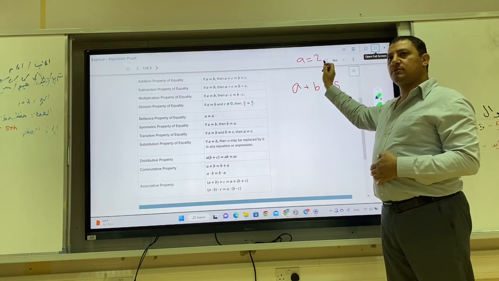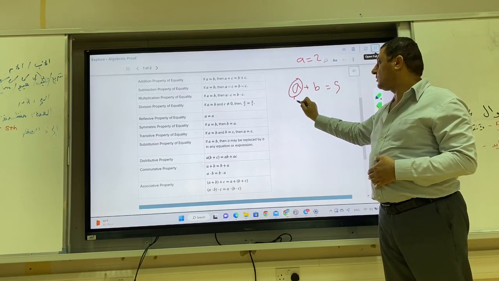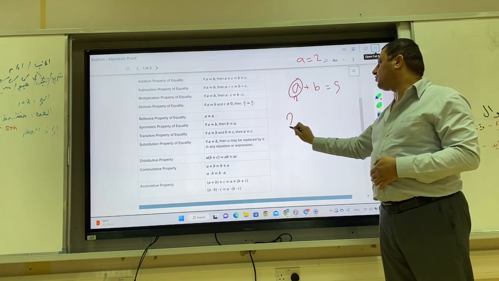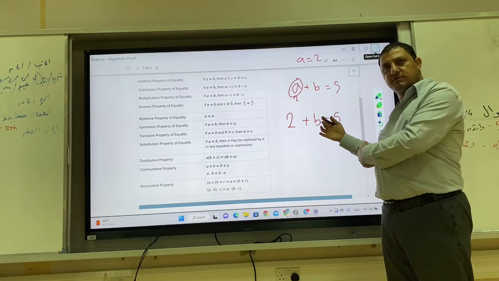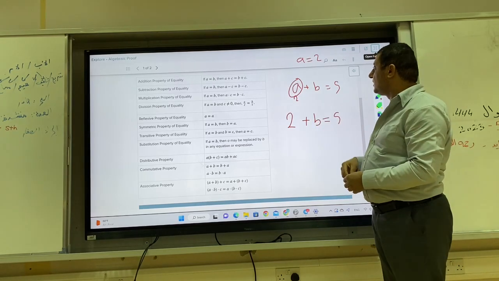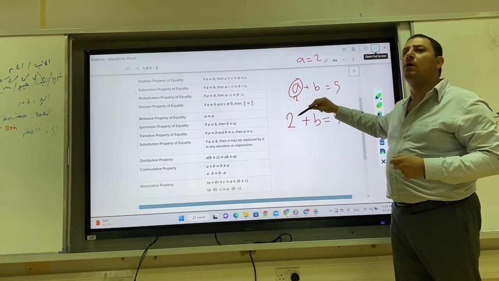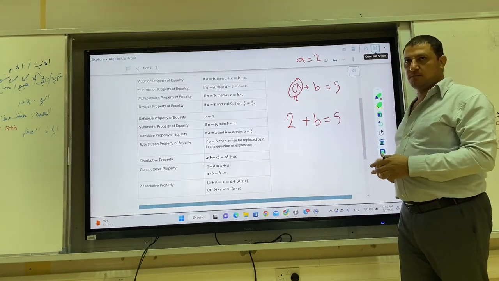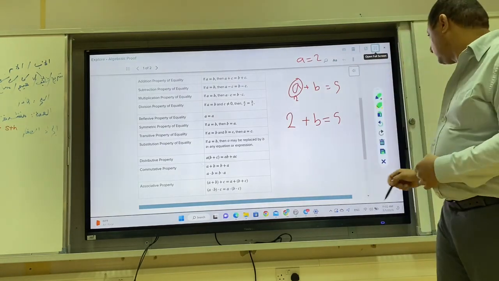Now A equals 2, so I can replace this A with 2. So the equation now becomes 2 plus B equals 5 and can be used to get the value of B. So what I've done here, I've substituted A with 2. Why? Because they are equal. So I can do this. Easy so far? Yes.